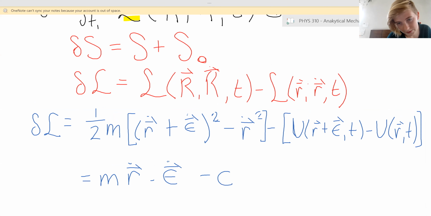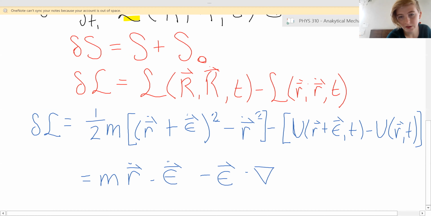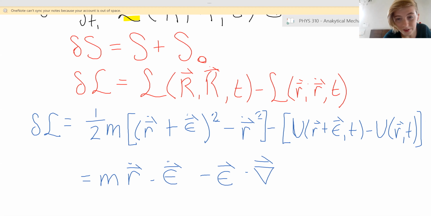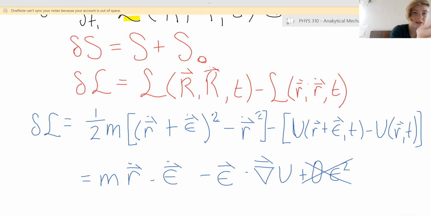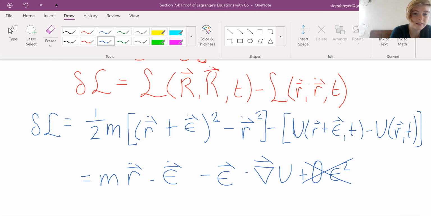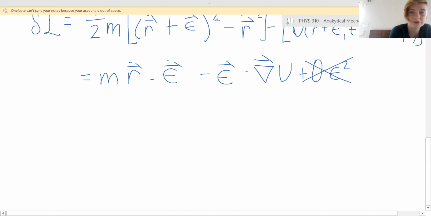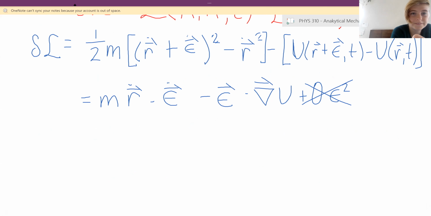And then minus said arbitrary function times the gradient of U, and then it's going to be plus O of epsilon squared, but we don't need that, so we're going to drop that. And we're just going to continue on with what we can now say.